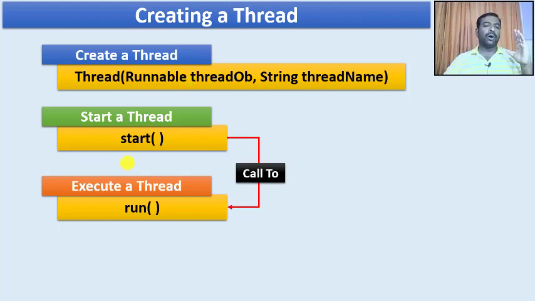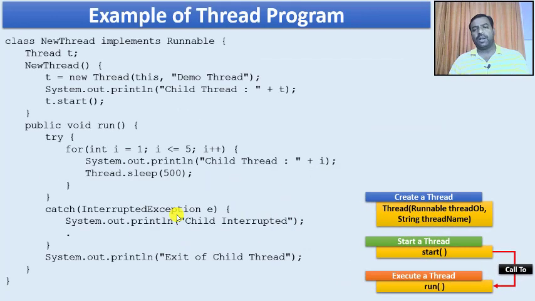And if you want to start a thread, use the start method. If you want to execute a thread, I am going to call the run method, and you need not call this. You need to call the constructor, you need to call the start method, and the start method in turn will call the run method. Hence, you need not worry about how to call the run method. Is it clear? So now with this, we'll see the example of how exactly this is going to be done.